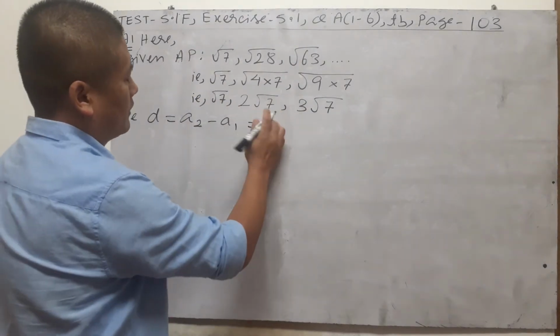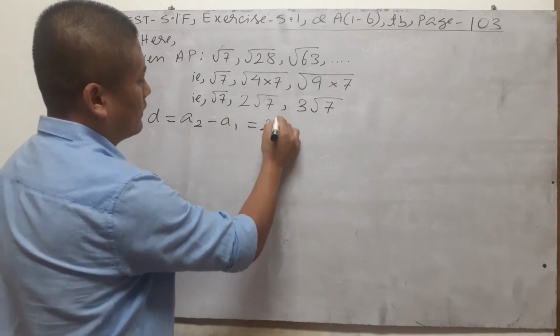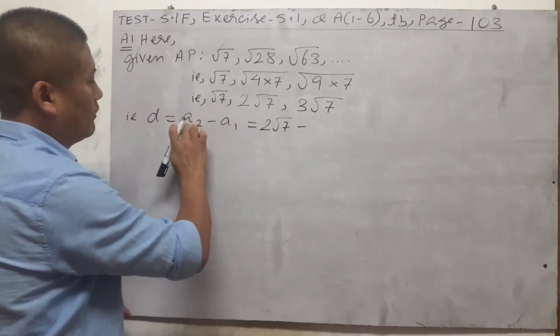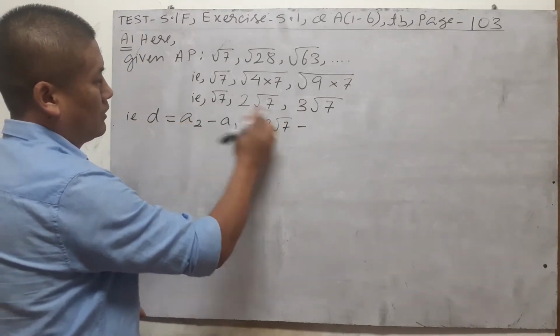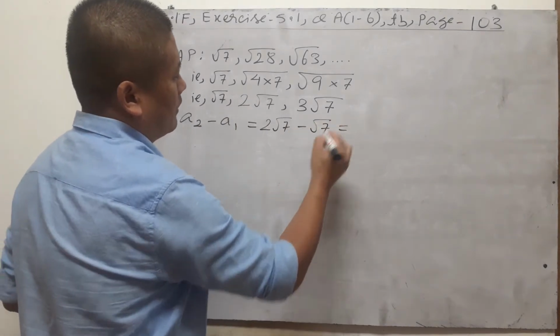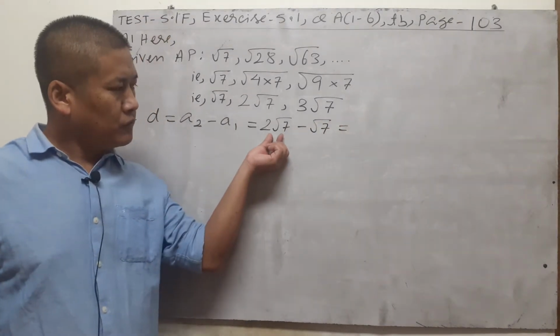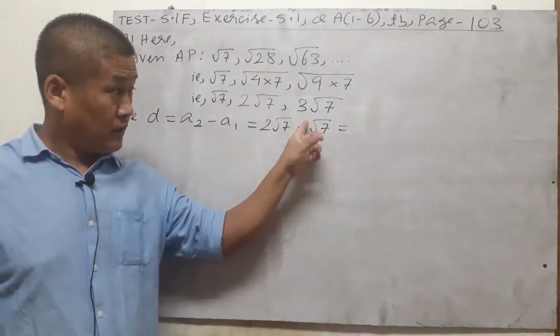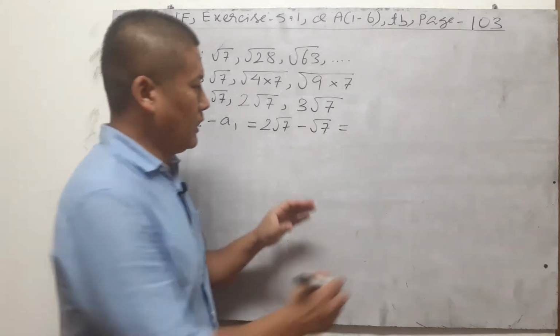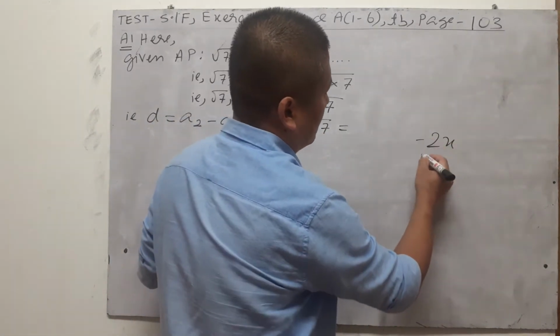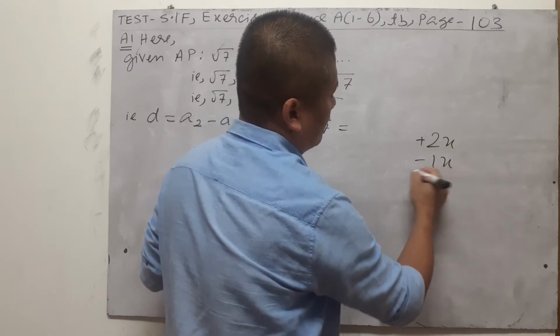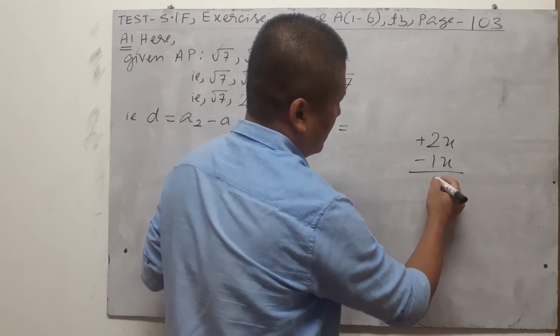So A3 is here, A2 is here, 2 root 7 minus A1 here, root 7. And 2 root 7 minus 1 root 7. No number here means 1. It's something like 2x minus 1x, or x, which is 2 minus 1, 1x.